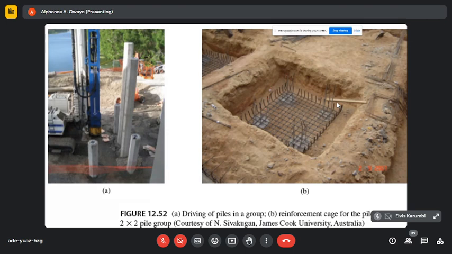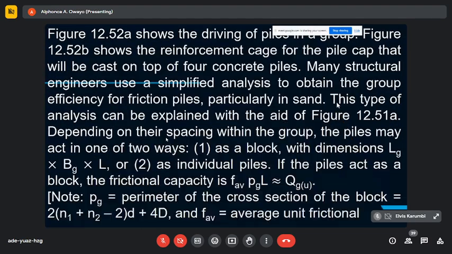We have a group of piles as you can see in the photo, and this is the reinforcement for the pile cap. It's better to see some of this so that the idea is clearer.